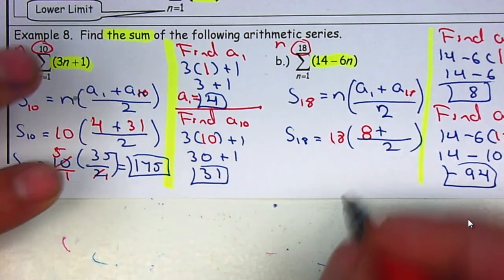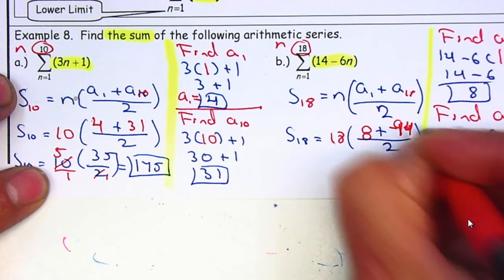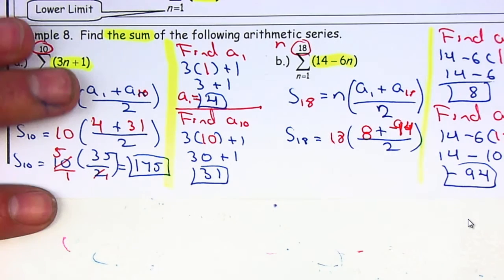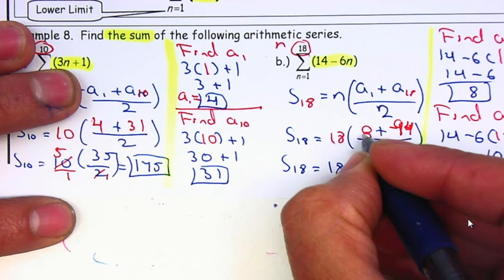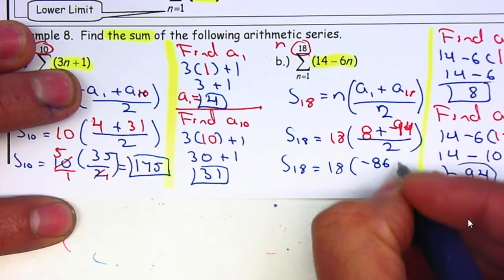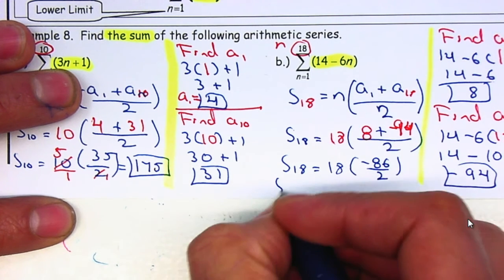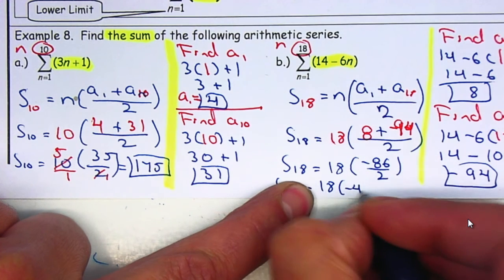So the last term, which is the 18th term, will be negative 94. And now we just simplify. The sum of the first 18 terms will be 18 times 8 minus 94, which gives me negative 86, divided by 2. That gives me negative 43.